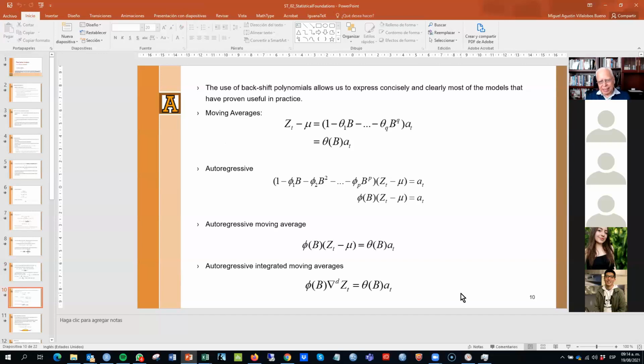Now, this notation, the backshift operator and the difference operator, is going to help us express these models that we're going to be studying in a more concise, simpler manner. For example, one of the models that we're going to see is the moving average model.